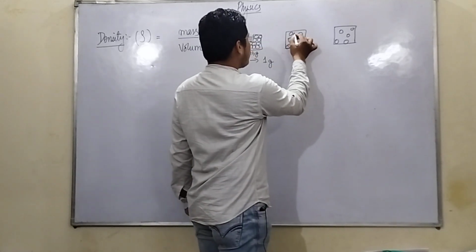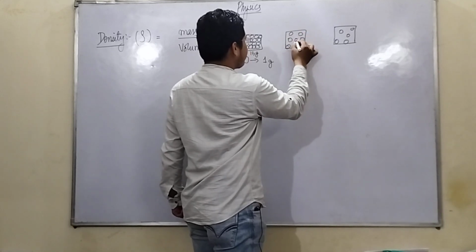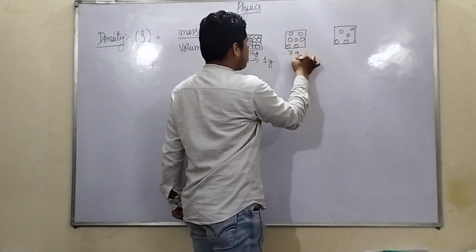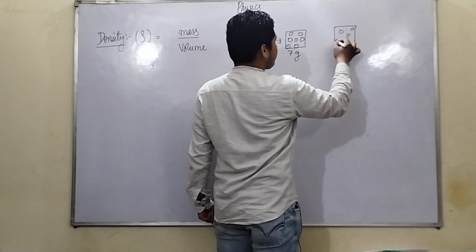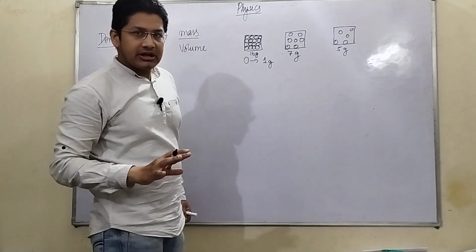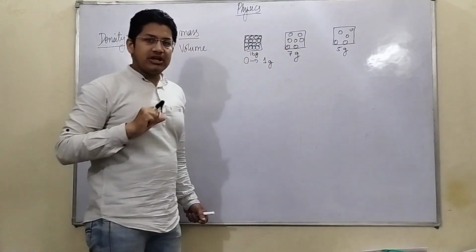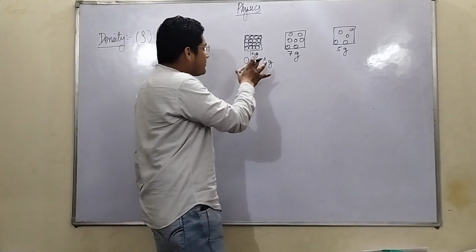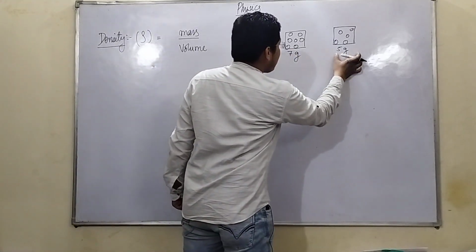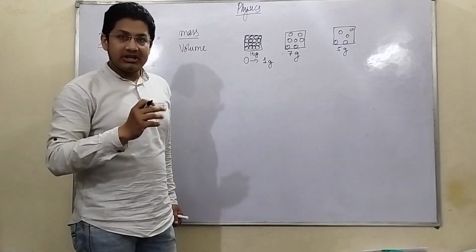And in this, 7 gram. In this, 5 gram. We are assuming that all the three boxes are of equal volume, and if the mass varies, so density will also vary.